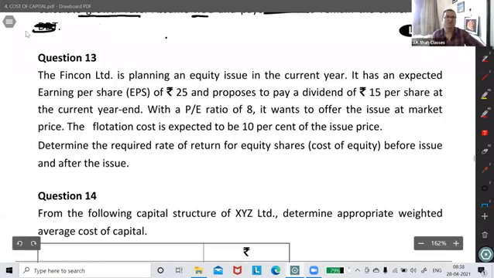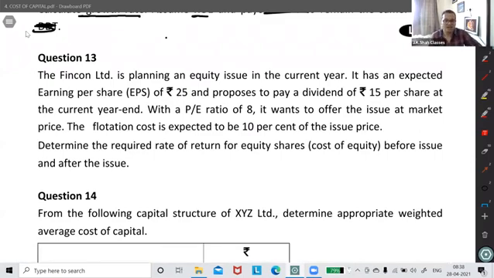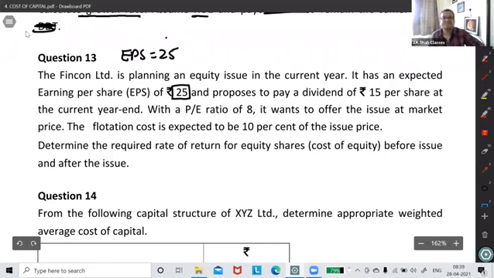Fine, we'll come to this question. Question number 30. Fincon Limited is planning an equity issue in the current year. It has expected EPS of 25 and proposes to pay 15 rupees dividend. So we can say D1 is 15. P/E ratio is 8, price earning ratio.